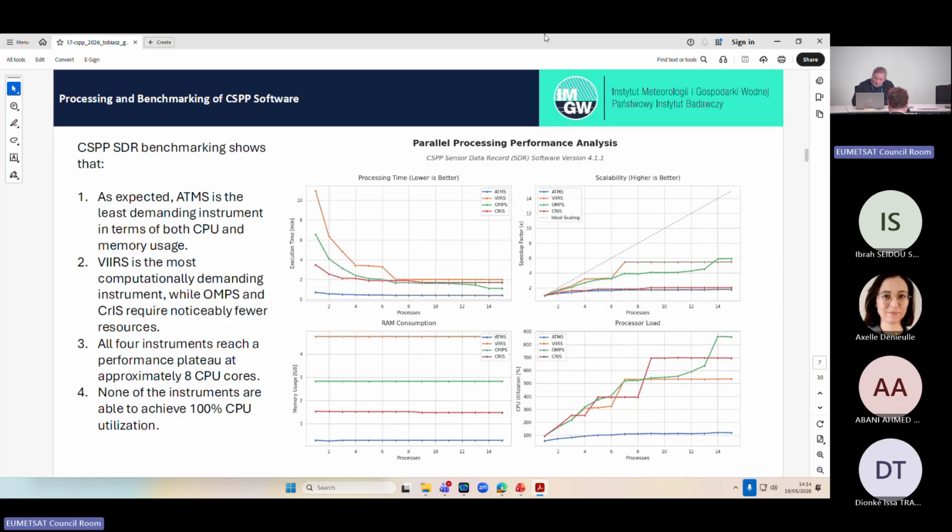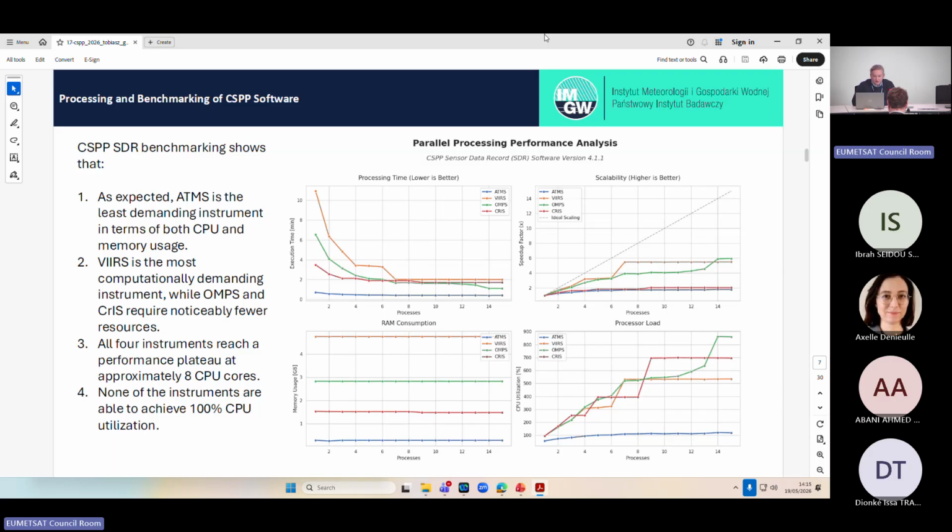And we can see on this first upper left graph, for one processor, total time is around 12 minutes for VIIRS, and it's 1 minute for ATMS.